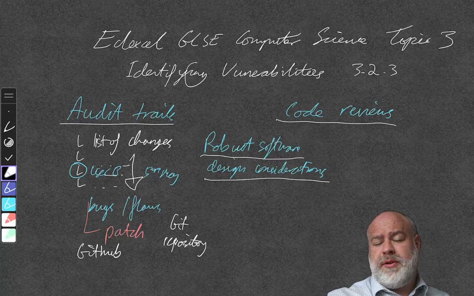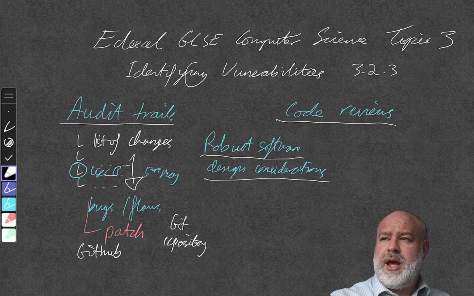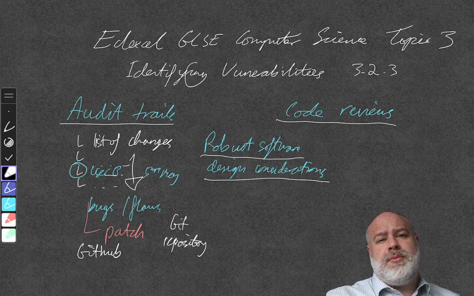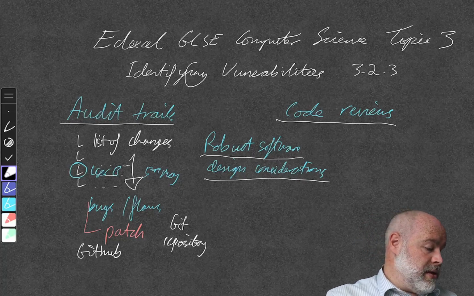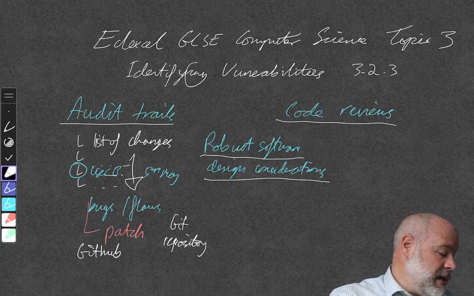And they could be made private as well, but you'll be committing pushes and pulls for files to a server, and all of those pushes and pulls will be recorded. And crucially, older versions of your file will be there as well. So if there was a problem, you could revert back to the original one before things get too out of hand. So that's quite nice that that's in there.